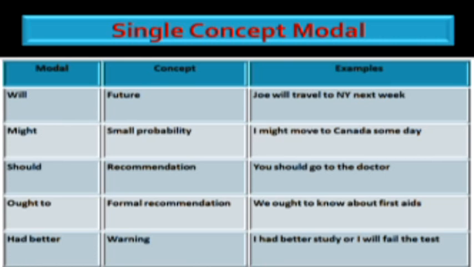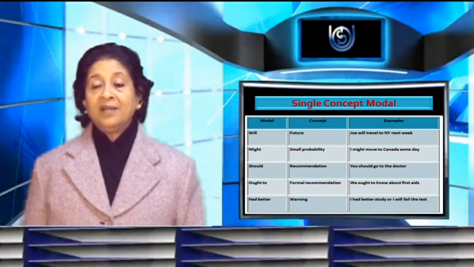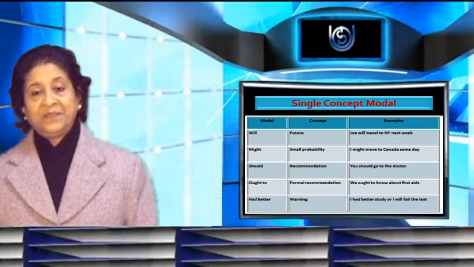What does might predict? A small probability. The modal might is depicting small probability. The sentence is, I might move to Canada someday. There is a possibility of doing it. So we are using might. I will move to Canada someday. You can say that, but the modal might is appropriate here.